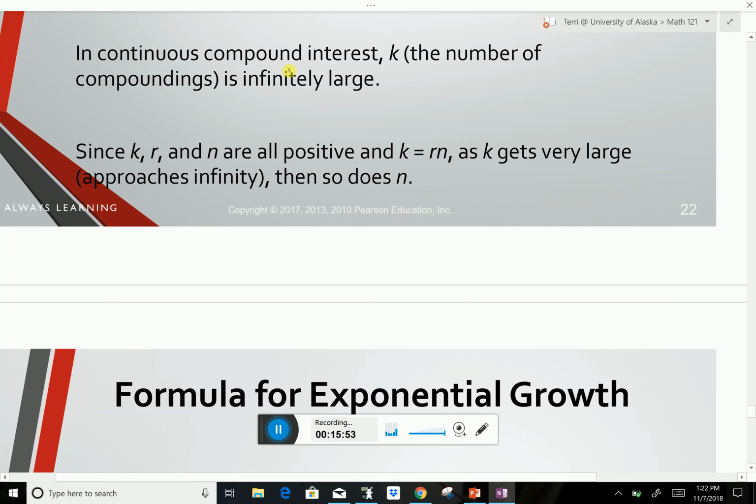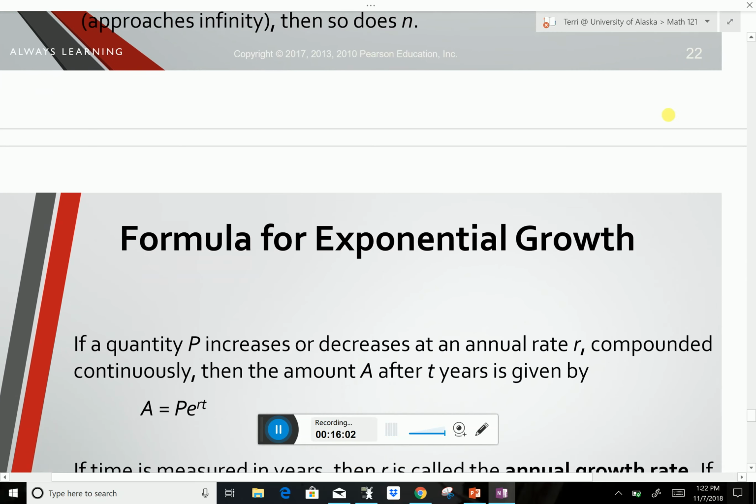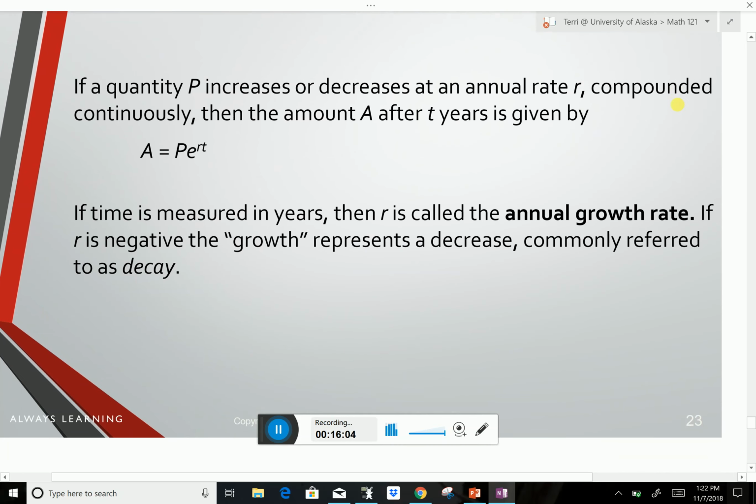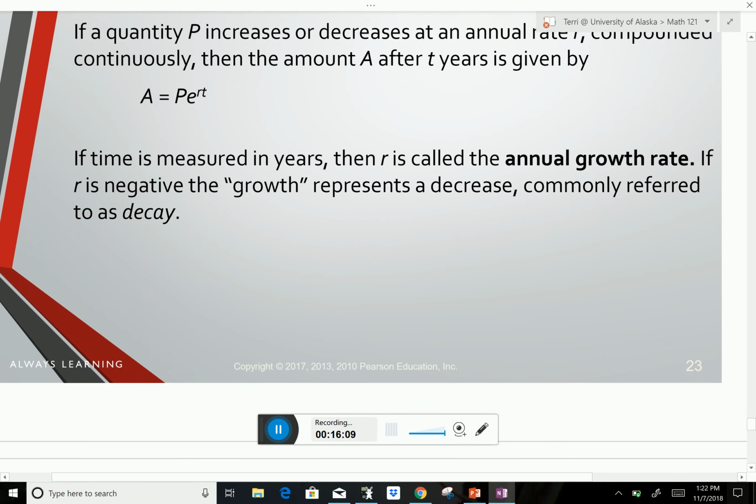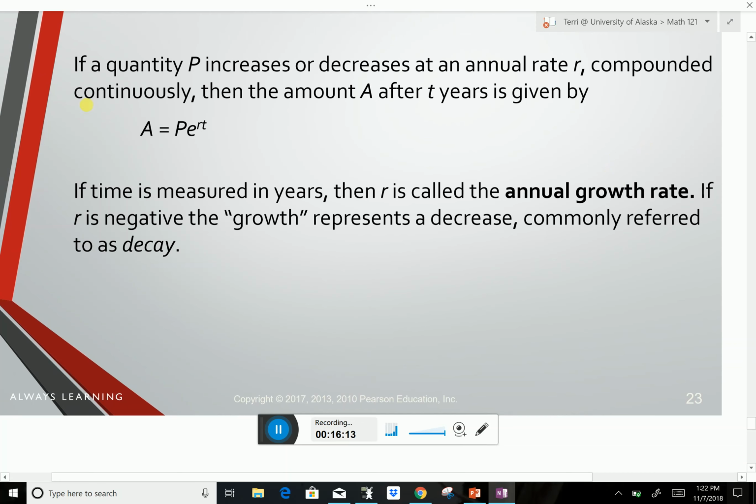So if we continuously compound interest, the number of compoundings per year gets infinitely large. Here's my formula for exponential growth. If a quantity P increases or decreases at an annual rate R compounding continuously, then the amount A after T years is given by A equals P e to the RT, and you've probably seen this before.